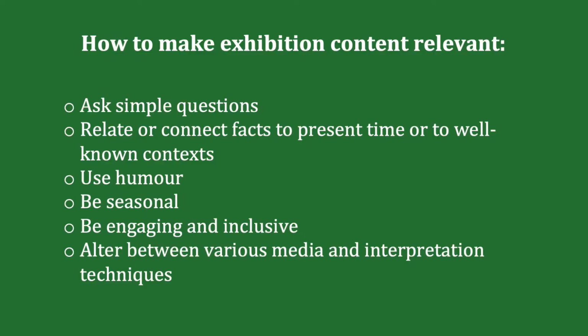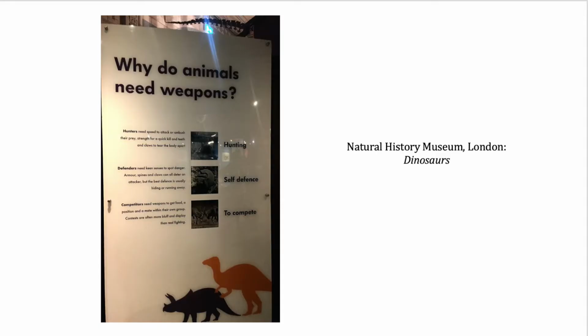Another good point is to relate or connect the historical facts to present time or to already well-known contexts. When you ask questions like, for example, why do animals need weapons, or how do they use them, and connect it directly with how we know animals hunt today, or how they defend themselves, or how they compete with each other.